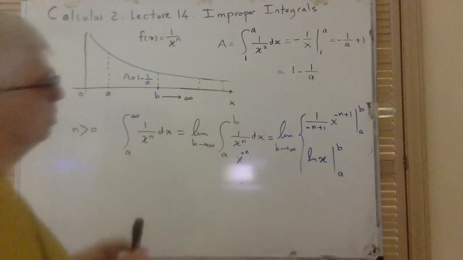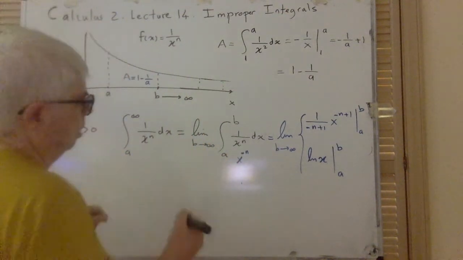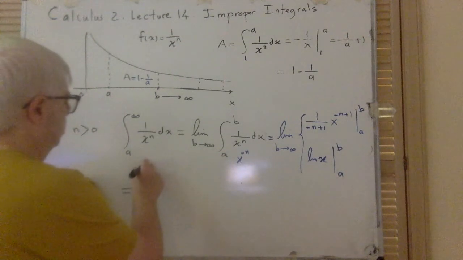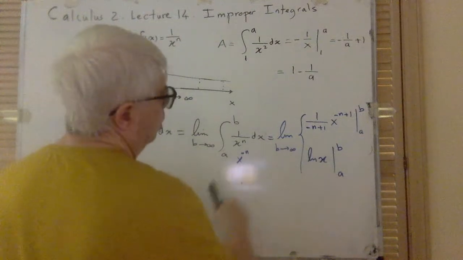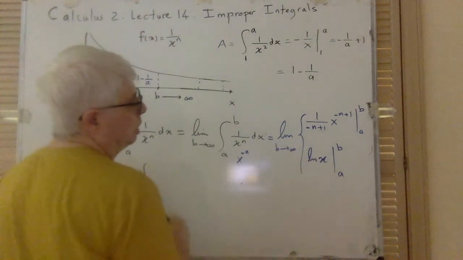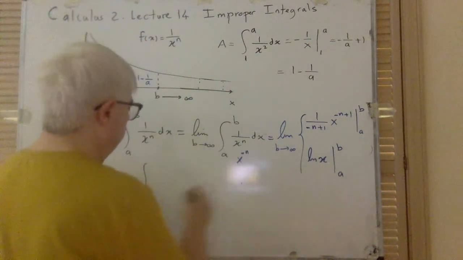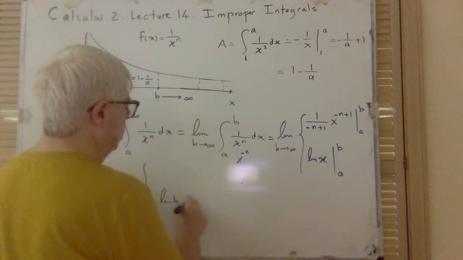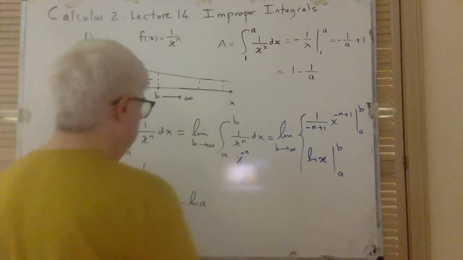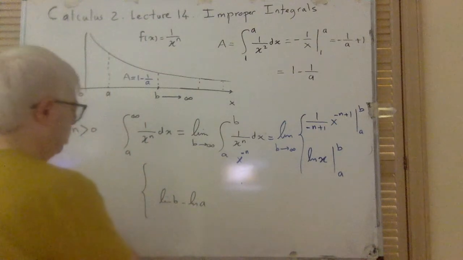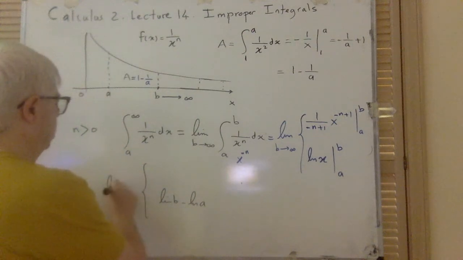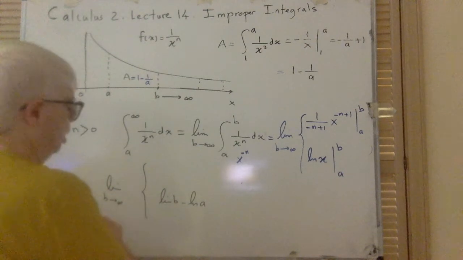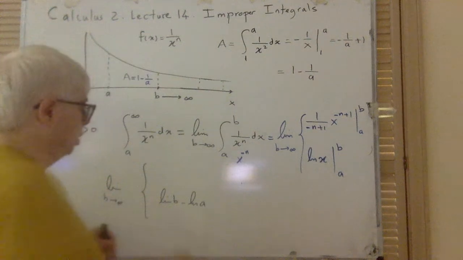Let's look at this. As b goes to infinity, this one is in fact ln of b minus ln of a, and then I write the limit as b goes to infinity of this thing.